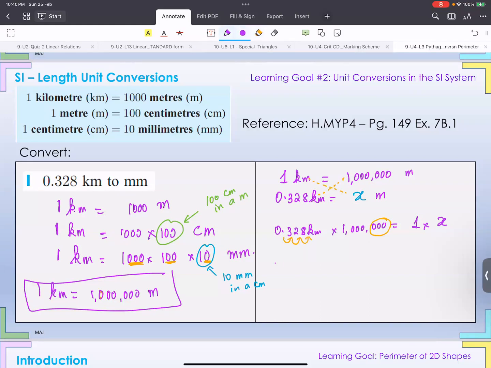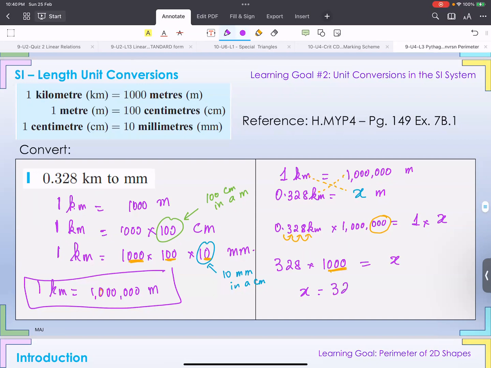So that's going to be 328 multiplied by 1,000, or X is equal to, you take those 3 zeros and tag them along right beside 328. And that's your answer.